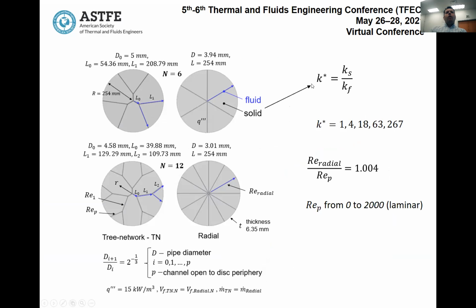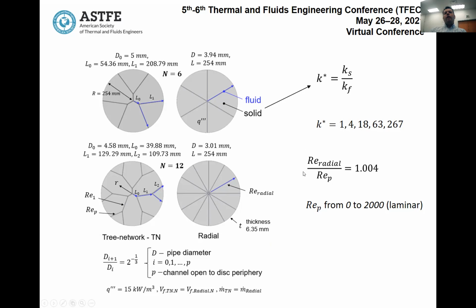One idea here was to compare these four geometries in terms of k star, which means that we change the solid thermal conductivity divided by the fluid thermal conductivity, producing k star of 1, 4, 12, 18, 63, and 267, which means that when you have 267, we have a very distant thermal conductivity of the solid compared to the fluid. And the range of Reynolds number is from 0 to 2000.